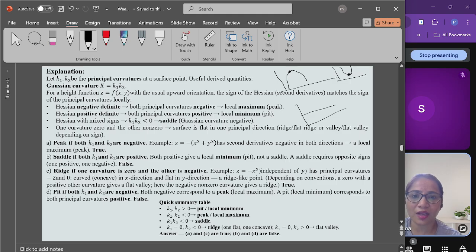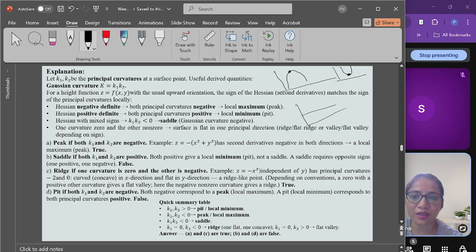You get a saddle point if one of them is negative and the other is positive. If both are positive, you will get a local minima, that is a pit, not a saddle point. A saddle requires opposite signs to produce a saddle point.